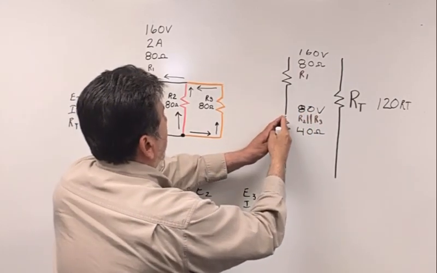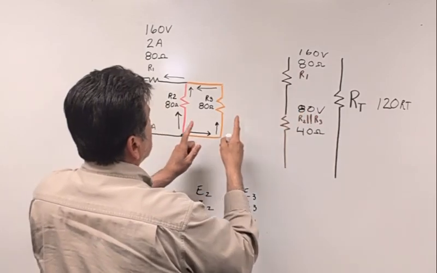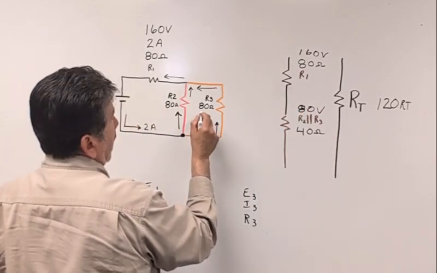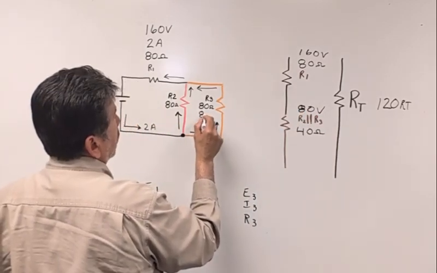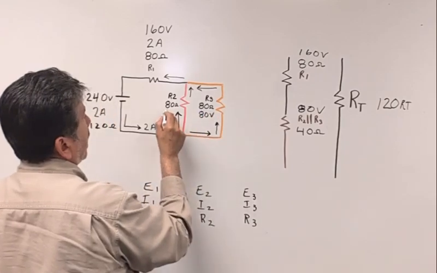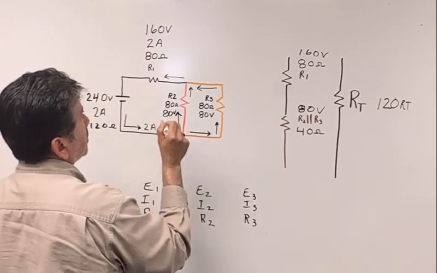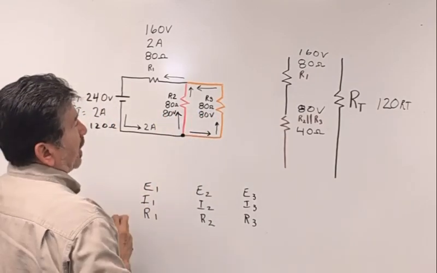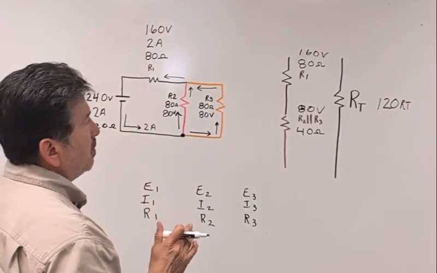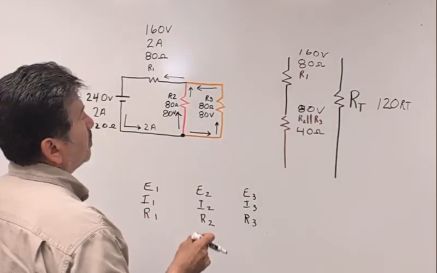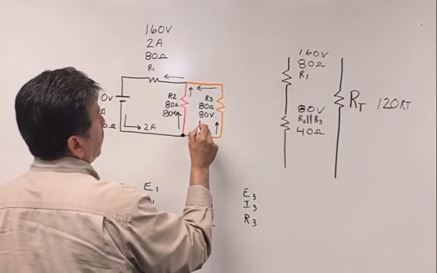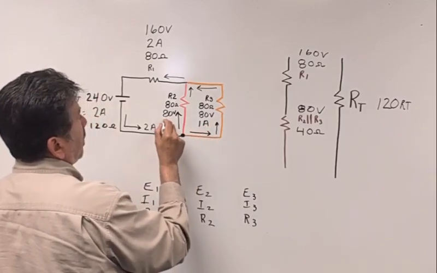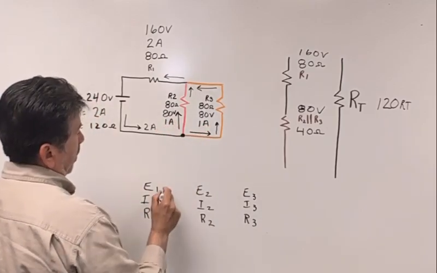If I take and separate those 2 resistors again, I have 80 volts here and 80 volts here. I can get I, which is E divided by R. 80 divided by 80, 1 amp went this way, 1 amp went that way.